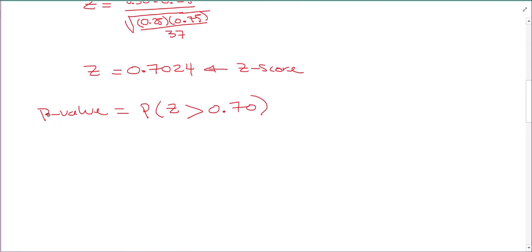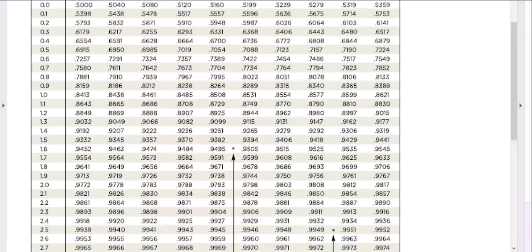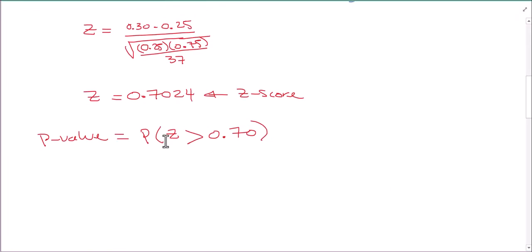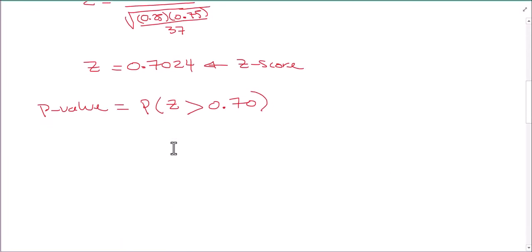But remember, our z-score, looking at the table and the graph, gives us the area to the left, and what I want is the area to the right. So this is going to be 1 minus the probability that z is less than 0.70, rounding to 2 decimal places.